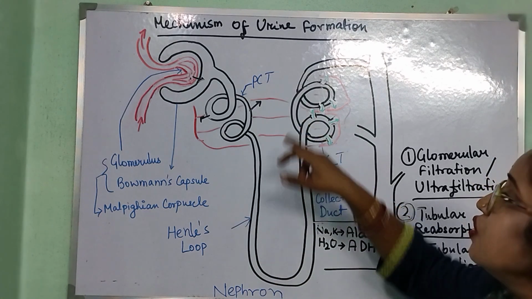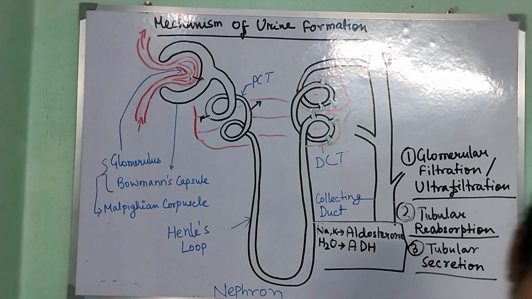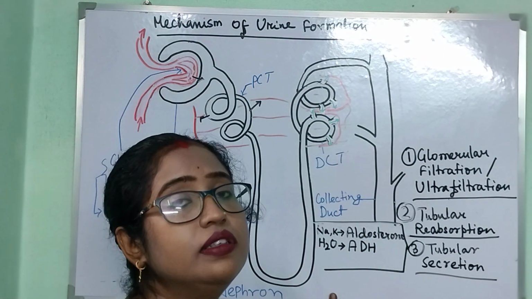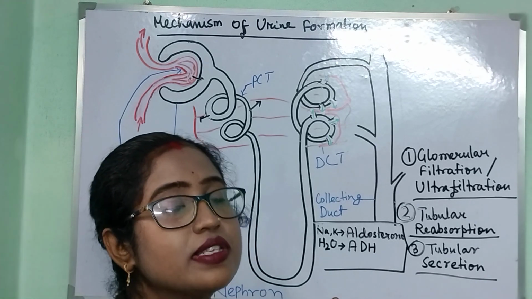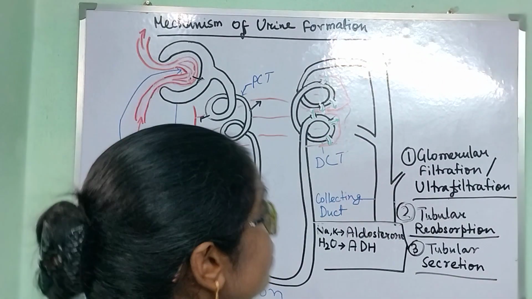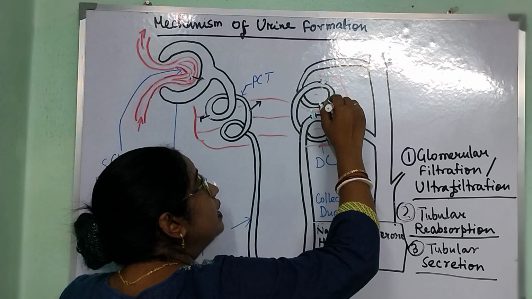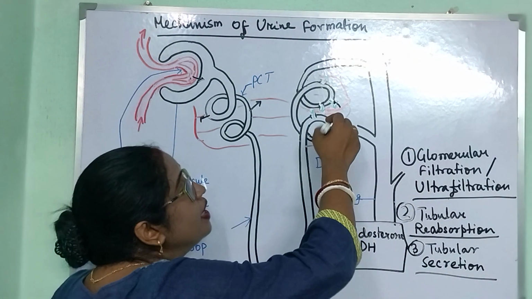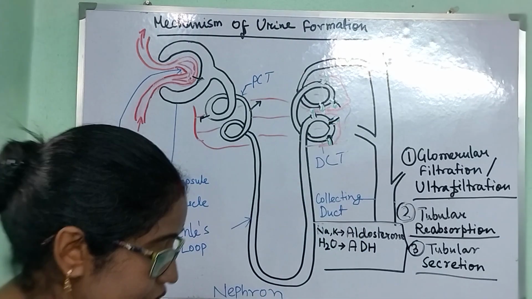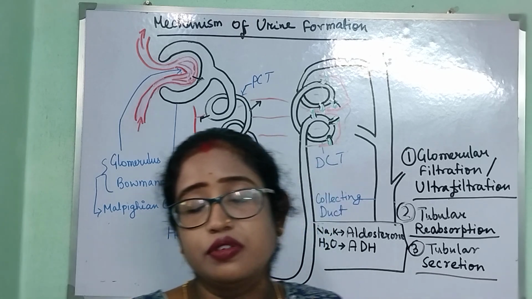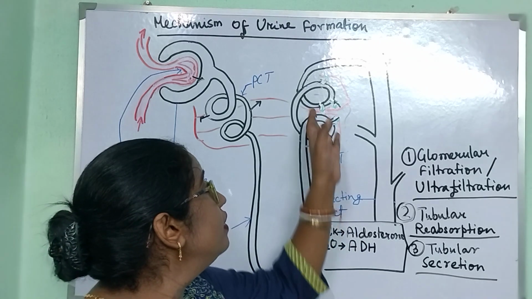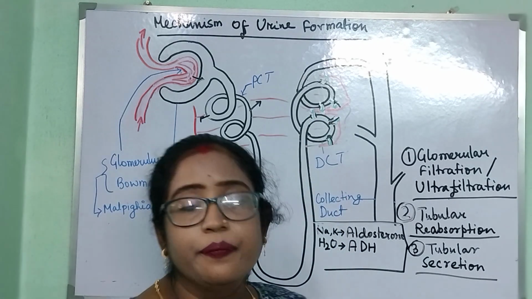The fluid present in this tube is known as the tubular fluid. So the creatinine and other waste materials, especially the drugs present in the blood vessels lying beside the DCT, are secreted into the DCT portion of the nephron, the distal convoluted tubule, and these additional waste materials enter the tubular fluid.